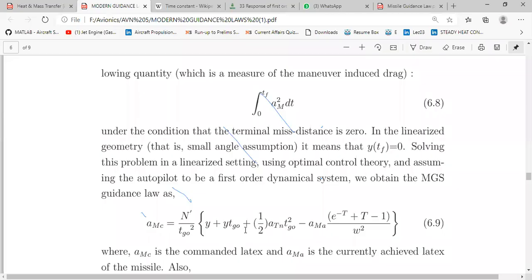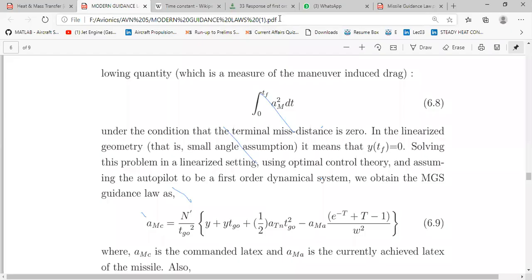We are not going into derivation because it requires modern control system knowledge, as we are not experts in modern control system, as you only studied the basic control system, and optimal control you have not studied. So we are not going into optimal control theory to derive this relation, but this relation is for modern guidance scheme design. Only the condition is that this term will be minimum and miss distance will be zero.